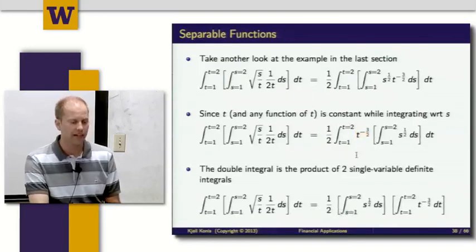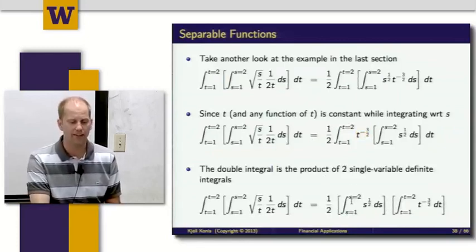And so what this is going to allow me to do is express this integral as a product of two definite integrals that are integrals of single variable functions. So I have here an integral just of s alone, and then multiplied by an integral on the right of t alone.